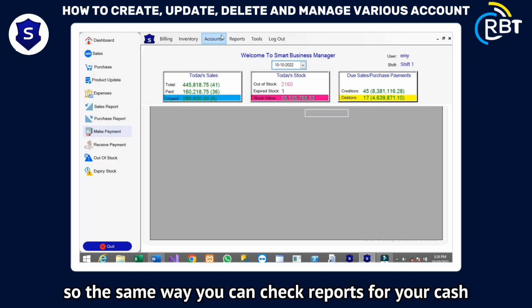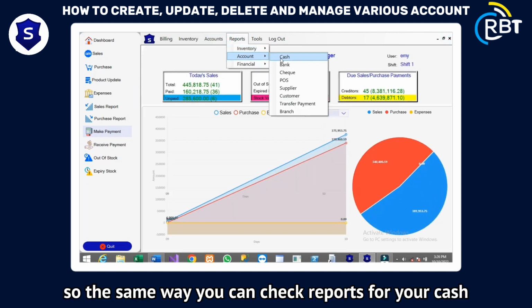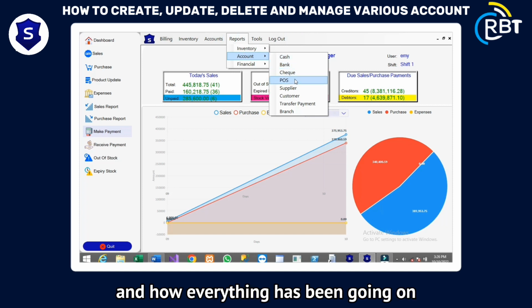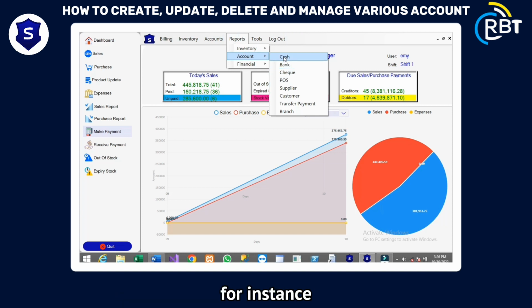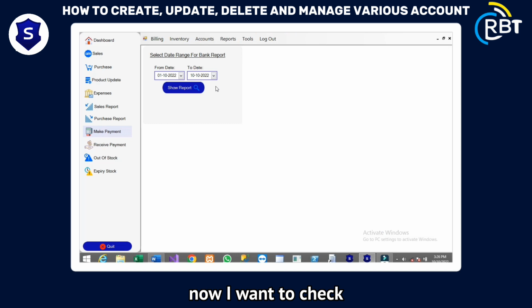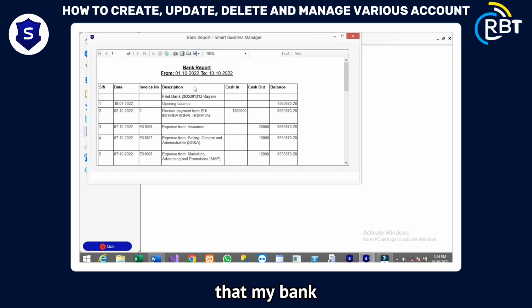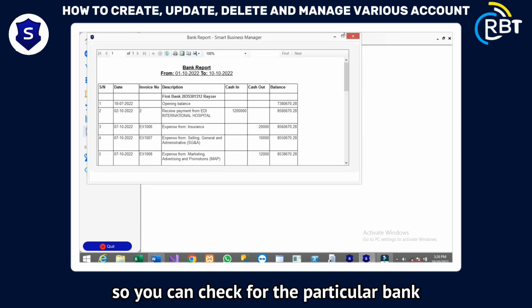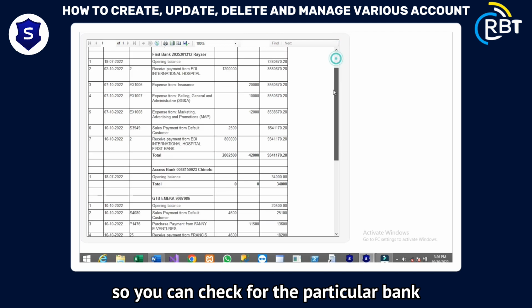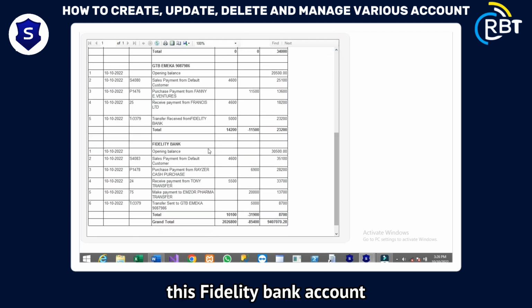In the same way you can check reports for your cash, how your cash has been going and how everything has been going on. For instance, I could look at my bank. I think I have a Fidelity Bank account, so you can check for the particular bank you want to check. This Fidelity Bank account, right? Now you can see what happened to my Fidelity Bank. I had 30,500 opening balance.